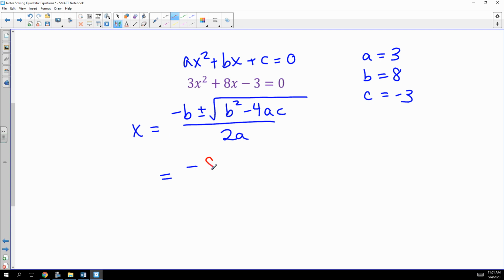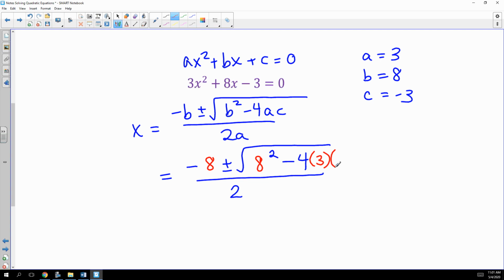Negative, and 8 goes in place of b, plus or minus square root. I'm going to go ahead and put some of these other things all over 2, and then we're going to square 8 minus 4 times 3 times negative 3, all over 2 times 3. And here we go.